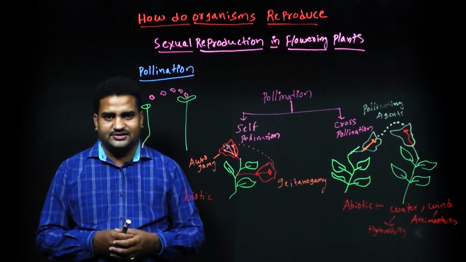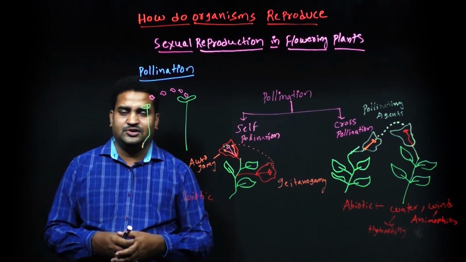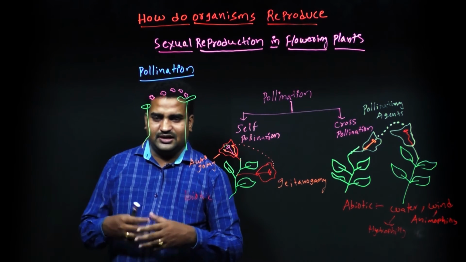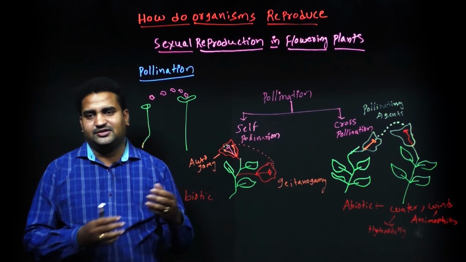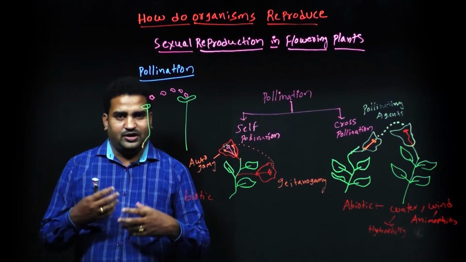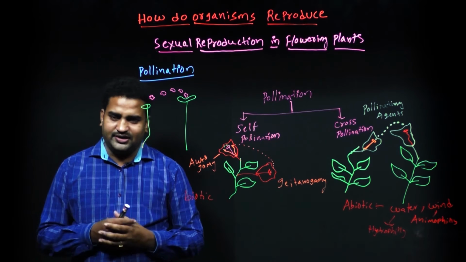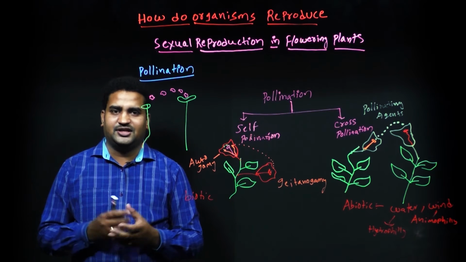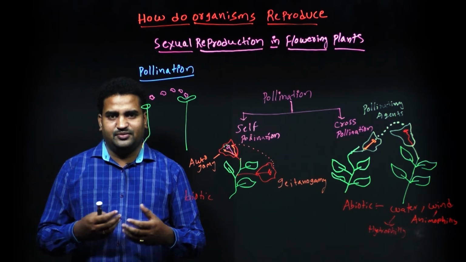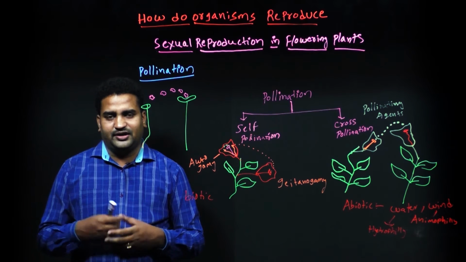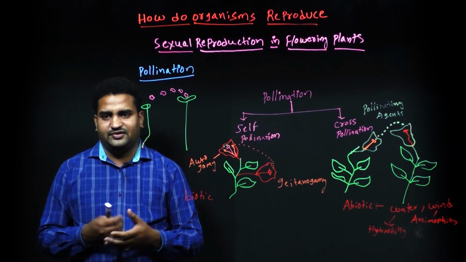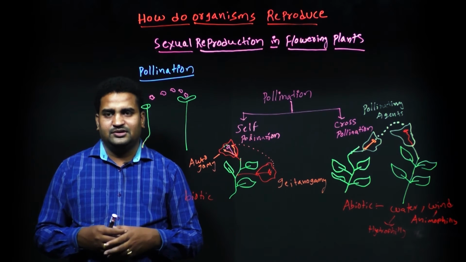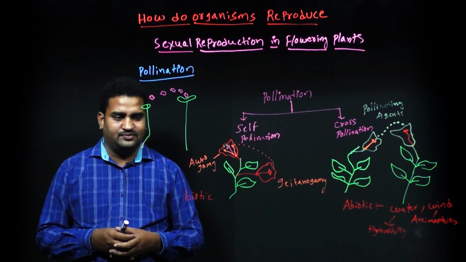So let us summarize the pollination process. Pollination means transfer of pollen grain from anther to stigma. Pollination is generally of two kinds. One is self-pollination, which means transfer of pollen grain from anther of the same flower to stigma of the same flower.